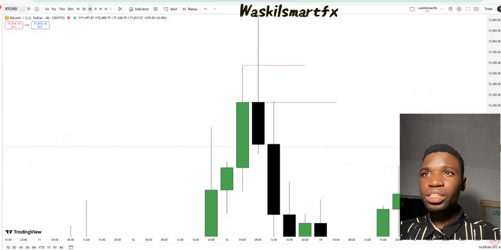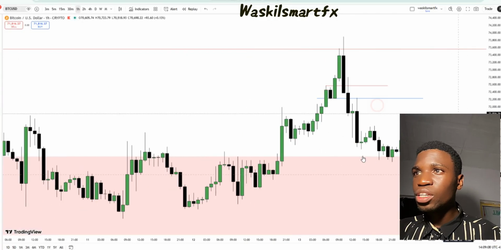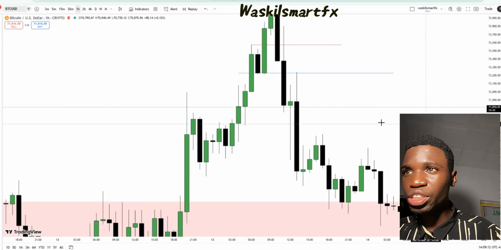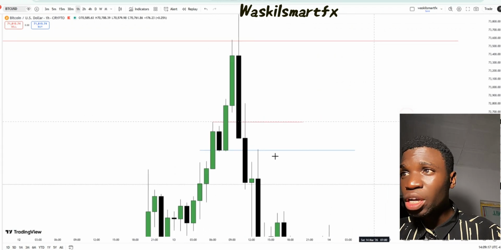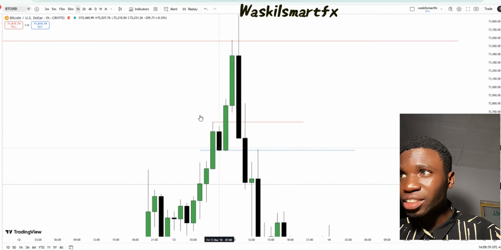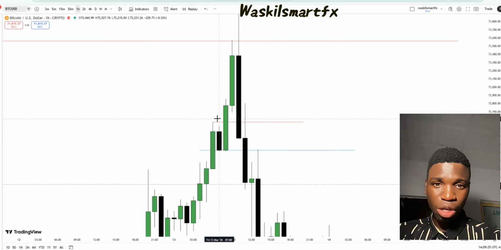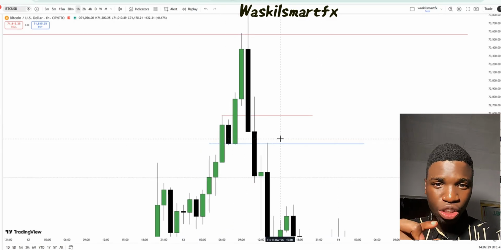Now let us go back to the 1 hour chart. You can see that this is the two body rejection, the resistance level. After market changed the character here, let me go down a line. You can see that particular place where market broke the structure, that's the place market has the two body rejection.